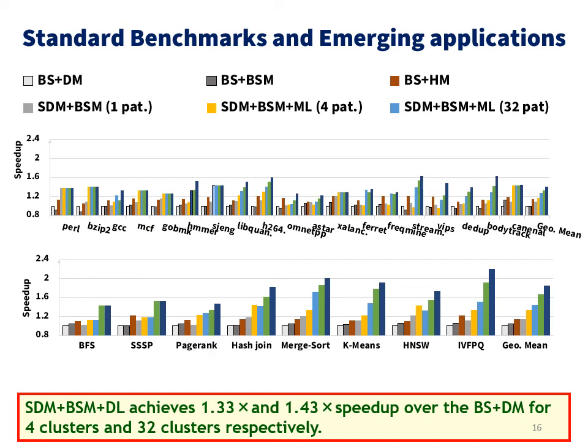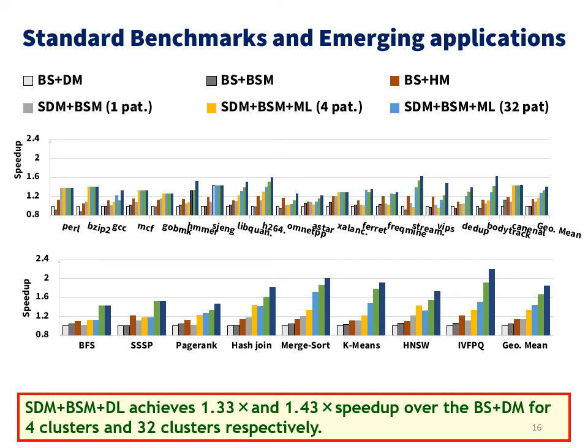The SDM plus BSM plus ML represents selecting the optimal address mapping for each individual variable within the application using the k-means-based approach. Similar to the ML-based approach, the SDM plus BSM plus DL selects the optimal address mapping using the deep learning assisted k-means.